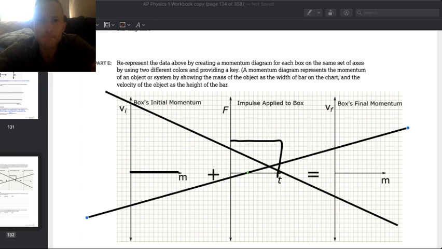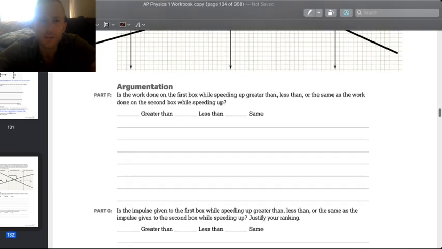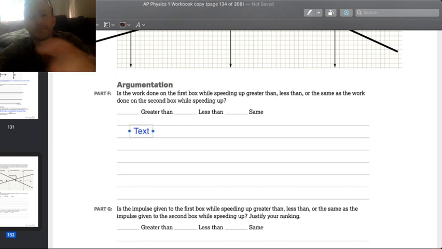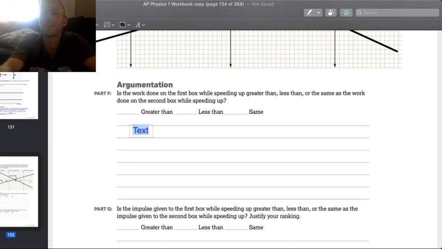All right, part F. Is the work done on the first box while speeding up greater than, less than, or the same as the work done on the second box while speeding up? All right, so I'm going to do some equations here. The work done is equal to the force times the displacement.